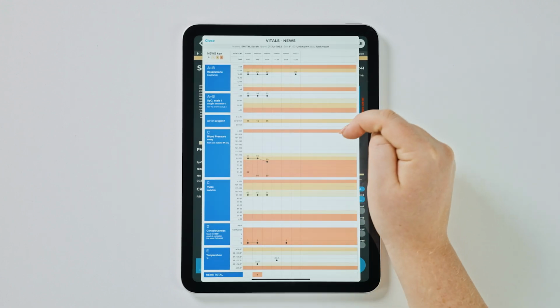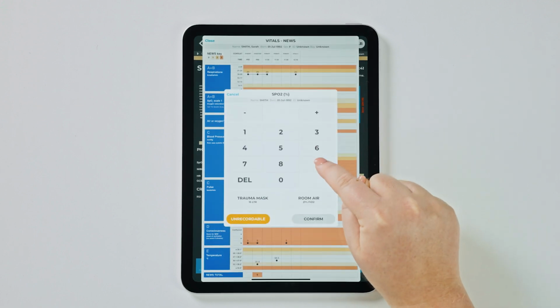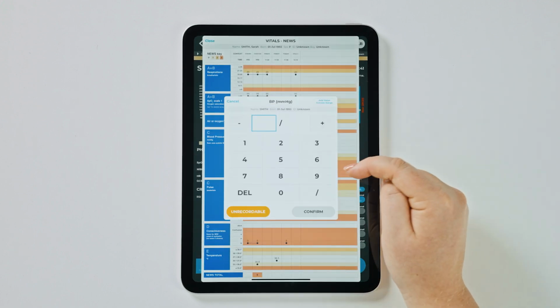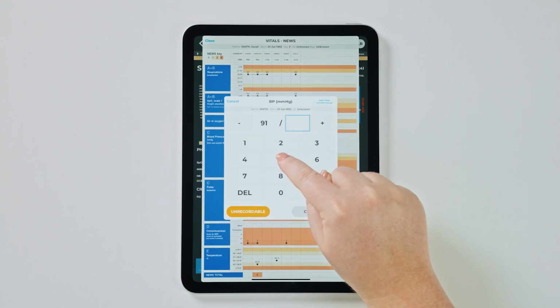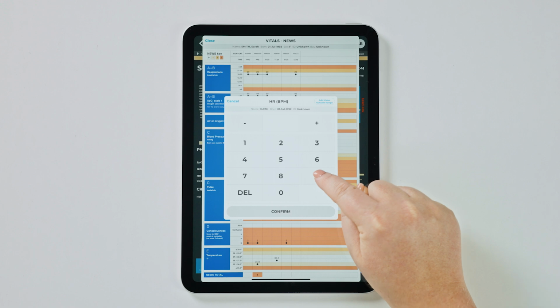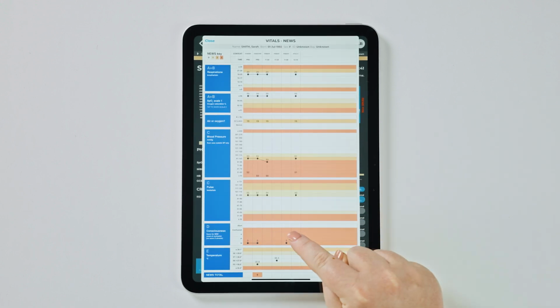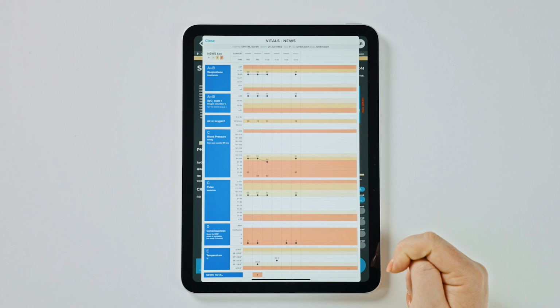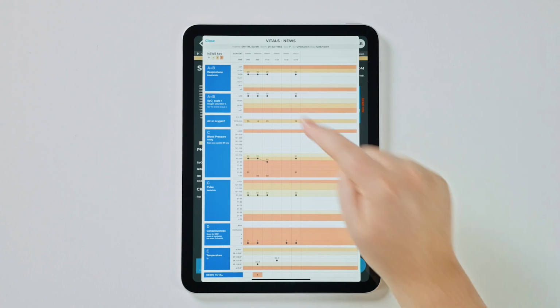They enter her respiratory rate, her oxygen saturations, her blood pressure, her pulse rate, GCS, but they are unable to update her temperature due to her being on the CT scanner.